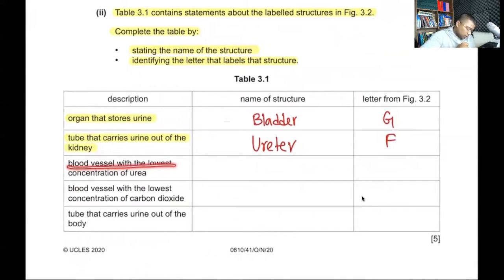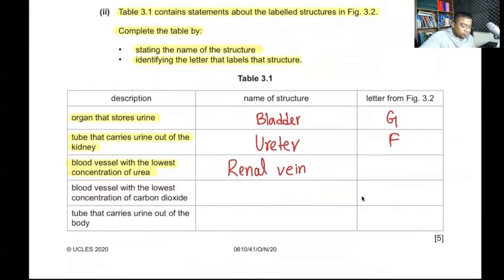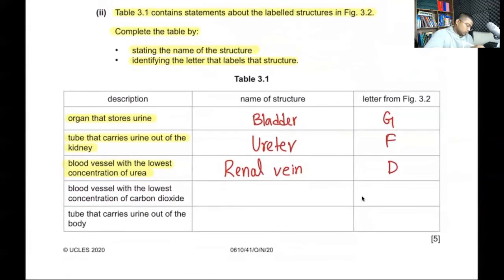Blood vessel with the lowest concentration of urea. That should be renal vein, because all the urea has been lost in the kidney, has been taken out in the kidney. So renal vein is D. Blood vessel with the lowest concentration of carbon dioxide.